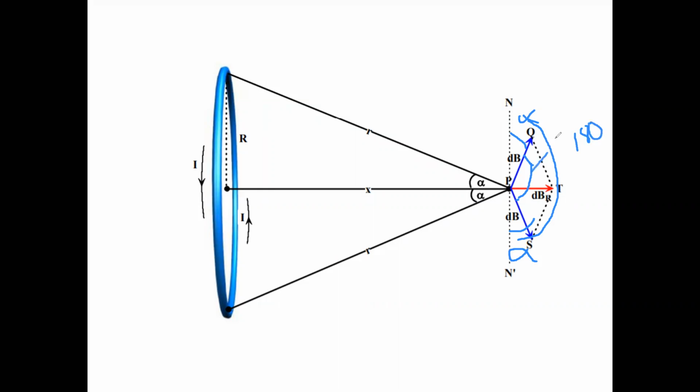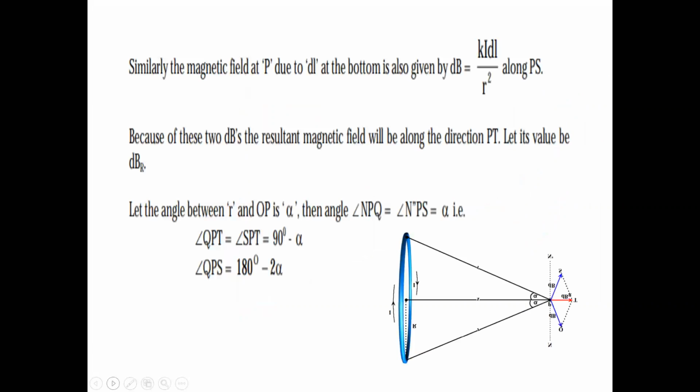So automatically this angle is equivalent to 180 minus 2 alpha. So angle QPS becomes 180 minus 2 alpha.